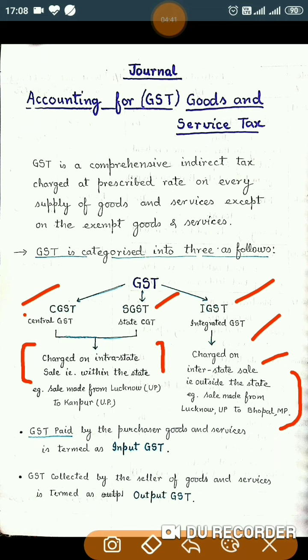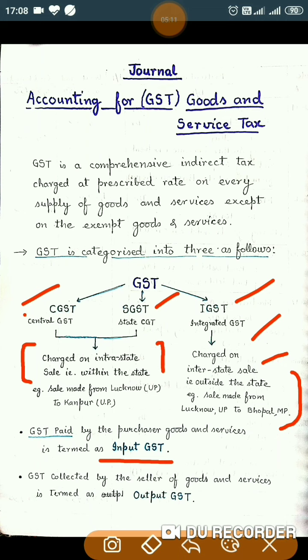So whenever you are purchasing goods, you will pay GST, that is known as input GST. GST paid by the purchaser of goods and services is termed as input GST. While recording, for an intra-state transaction, you will write input CGST and input SGST.